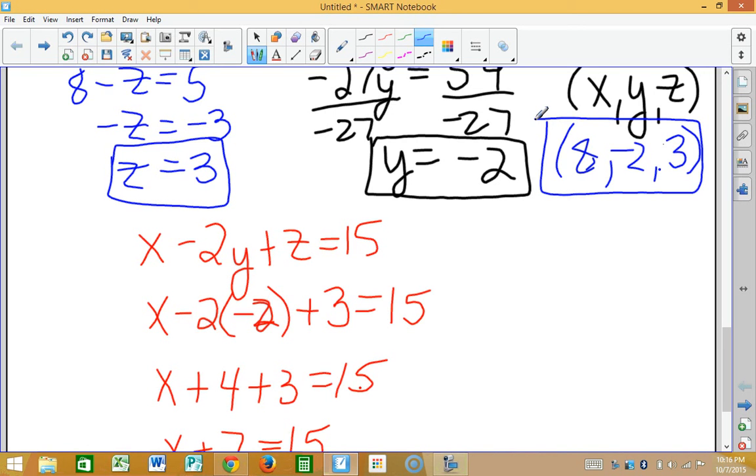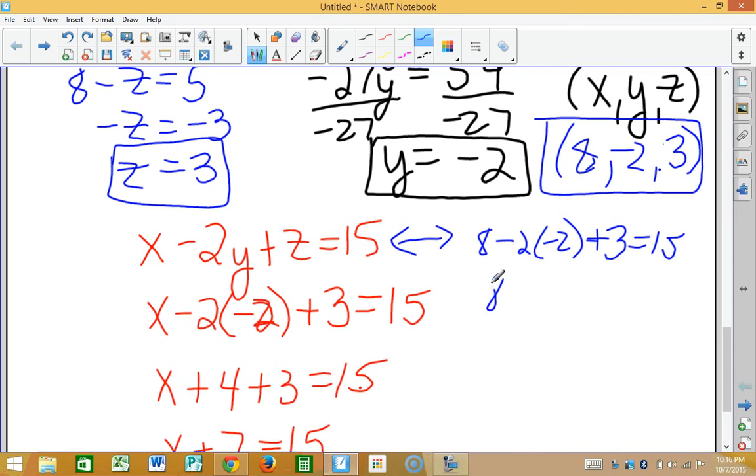Well, what that means is that if you plug these points back into any of the original ones, for instance, here's one right here, one of the original 3 variable equations. If I put 8 in for x, and I put 2 times negative 2 in, plus 3, I should get 15. So let's see if this checks out.